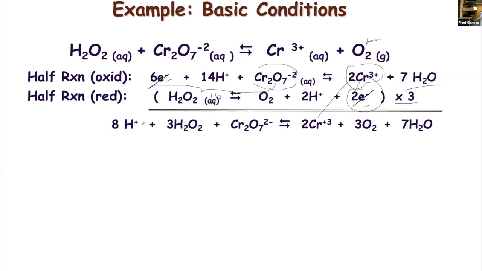You see how hydrogen is right here? Remember that in order to get rid of hydrogen, we need to add this reaction right here: H plus plus OH minus goes to water. So how do we add this reaction so that the H plus cancels? The only way this is going to work is when we put the H plus on the product side and the water on the reactant side.